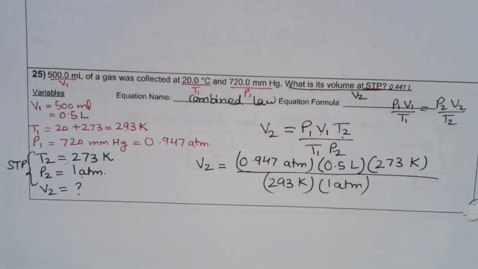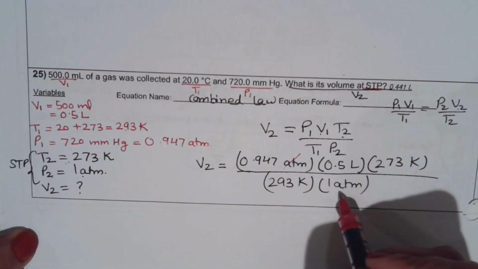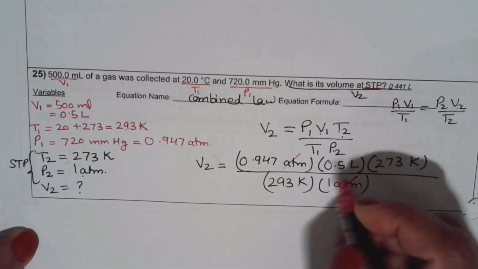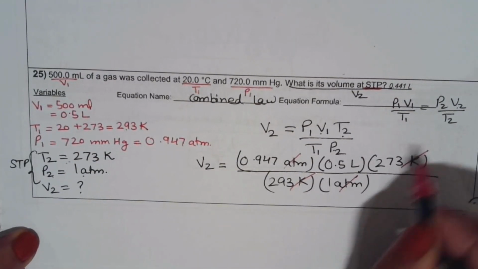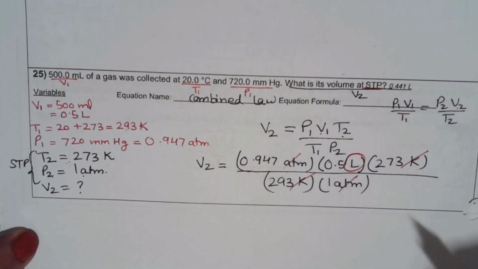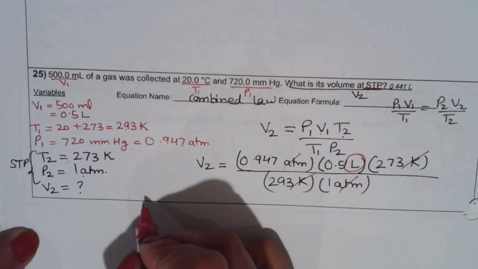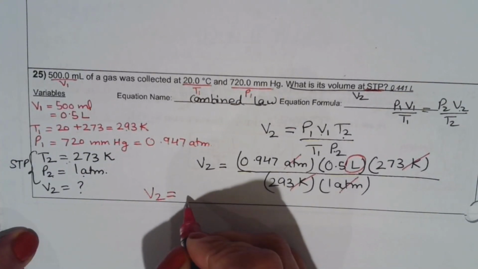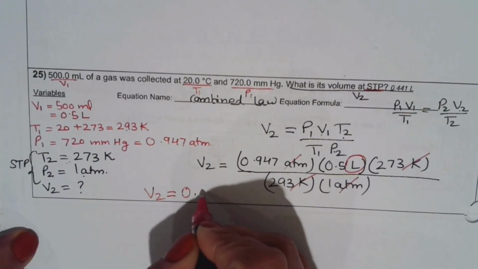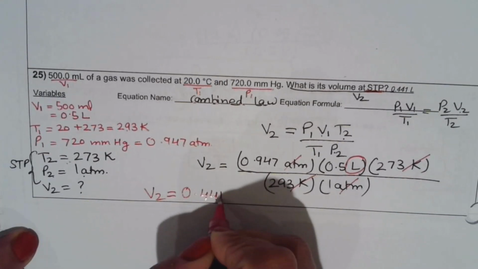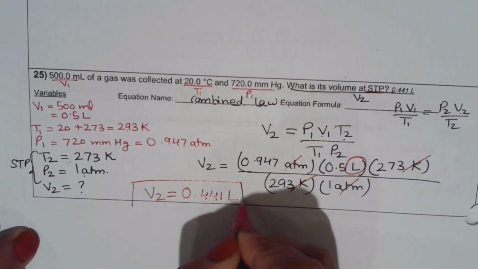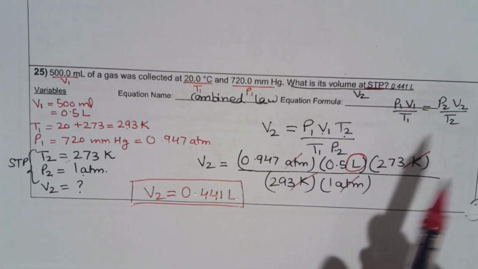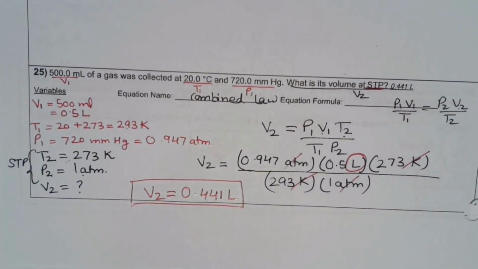Okay. Now you can cancel the units that are the same in the numerator and denominator. ATM goes with ATM, Kelvin cancels out with Kelvin, and you will get your answer in liters. You plug in all the numbers in your calculator and you will get 0.441 liter for your answer. Okay, just double check. I just copied the answer from here.